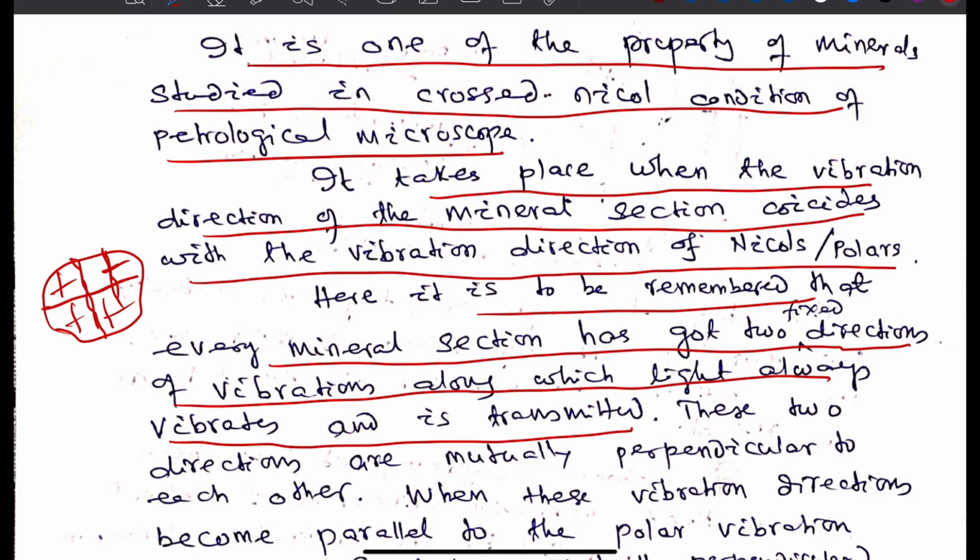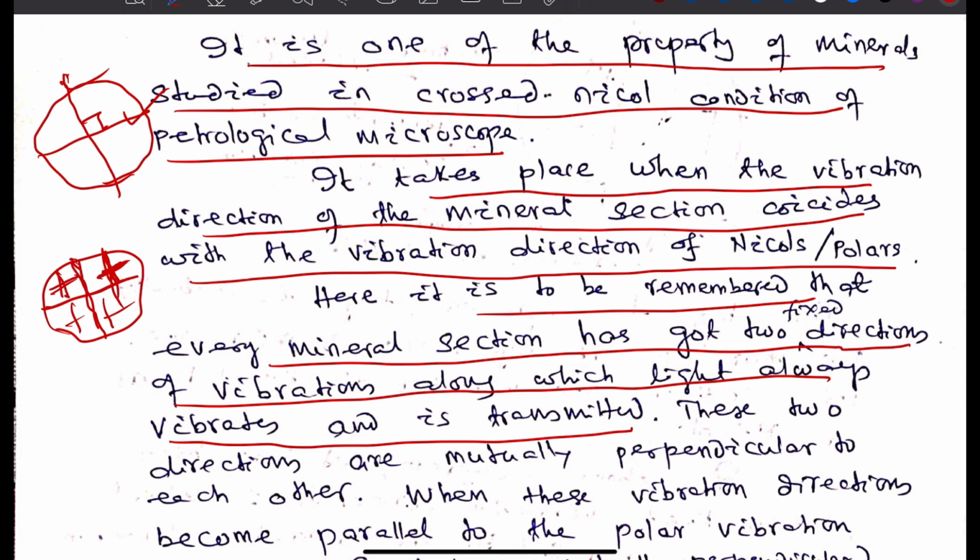And when you talk about the crossed condition of the microscope, the analyzer and polarizer vibration directions are mutually perpendicular. In that condition only we say they are crossed. This indicates the analyzer and polarizer vibration directions, and every mineral section will have two vibration directions which are mutually perpendicular.